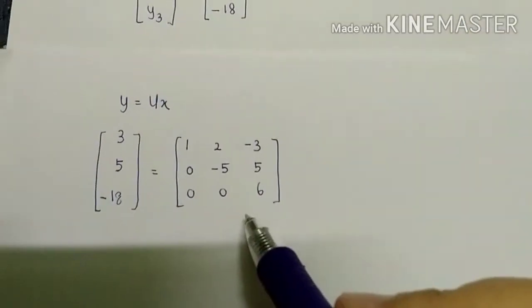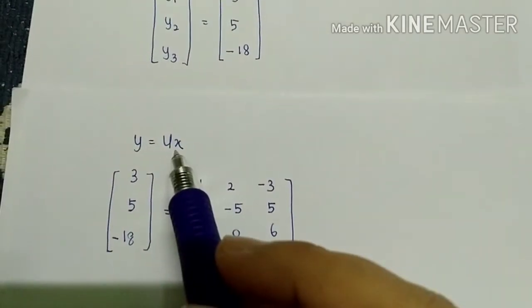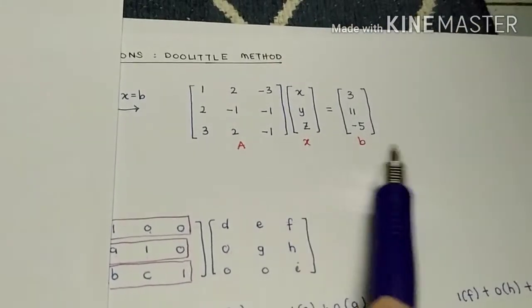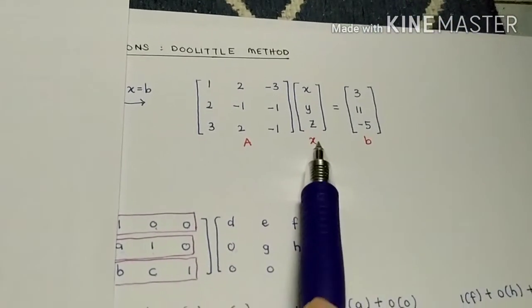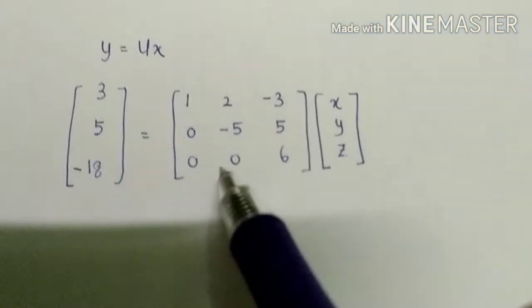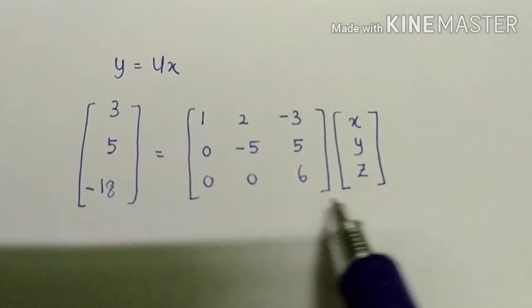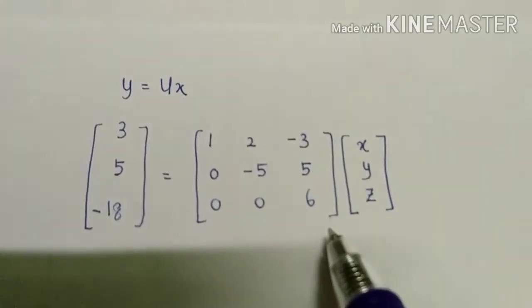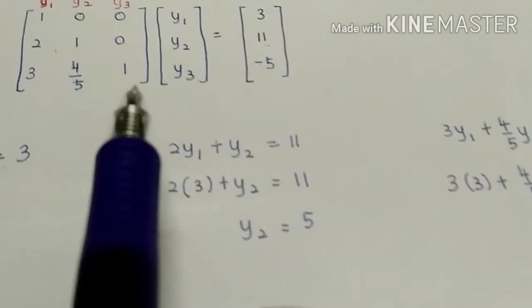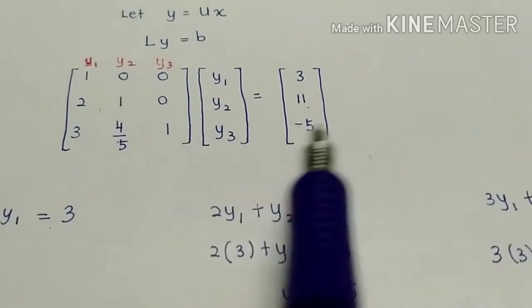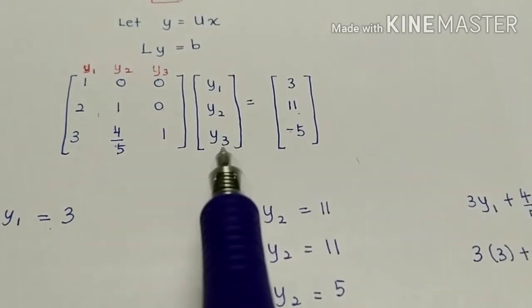So this is our matrix U, and we multiply with matrix x. Matrix x is from our first step just now, where we have Ax equals b. So matrix x is the unknowns x, y, and z. Sorry, so this is matrix y, matrix U, and matrix x. So we must multiply matrix U and x, same as the equation just now to find y1, y2, and y3.